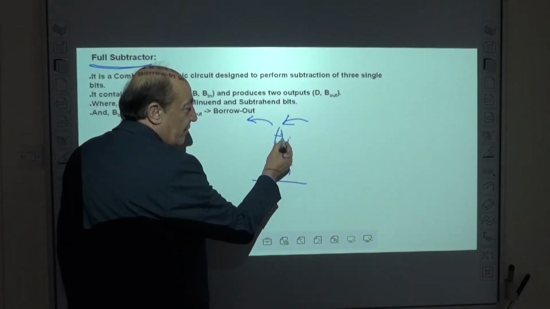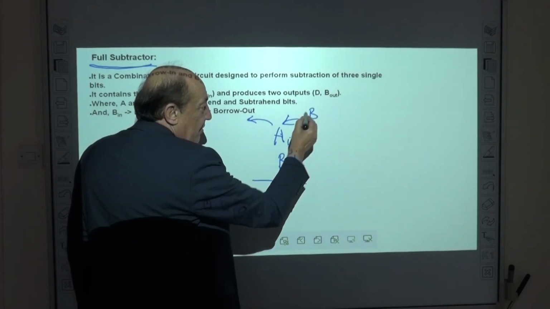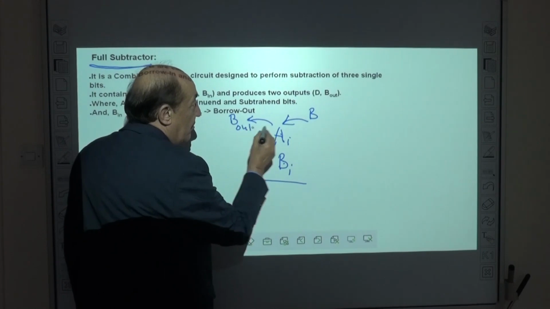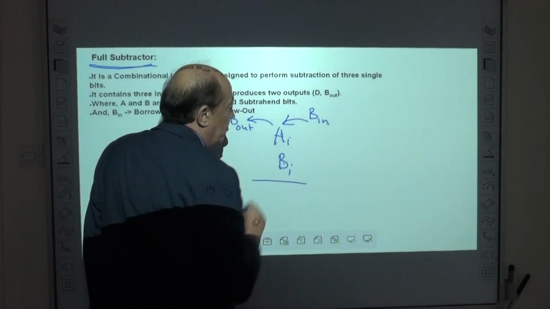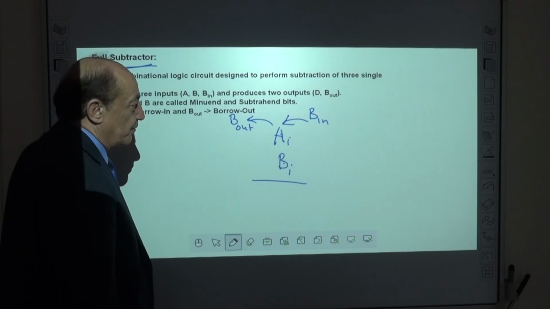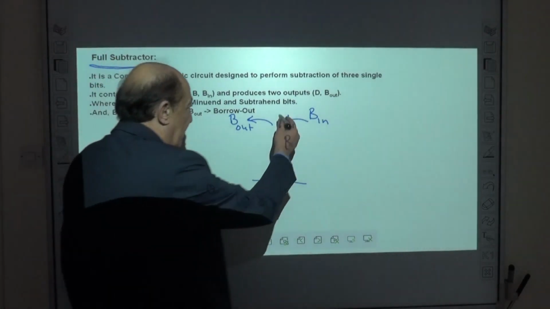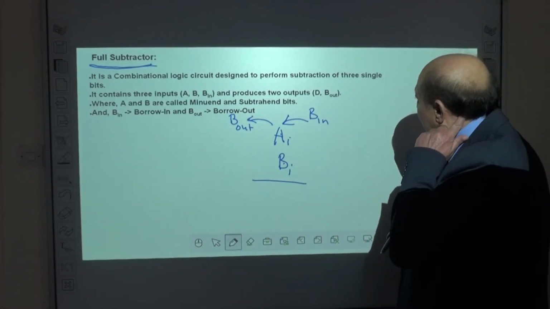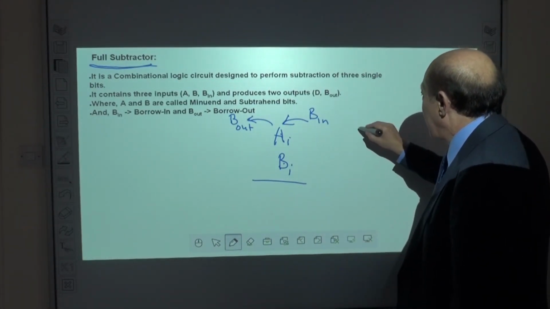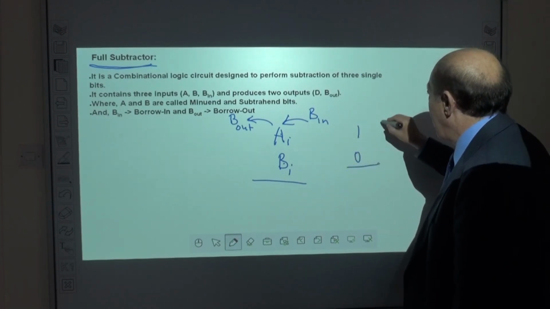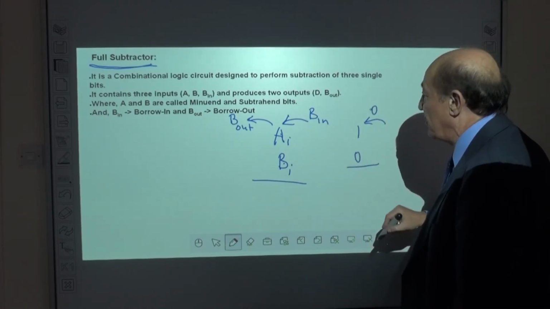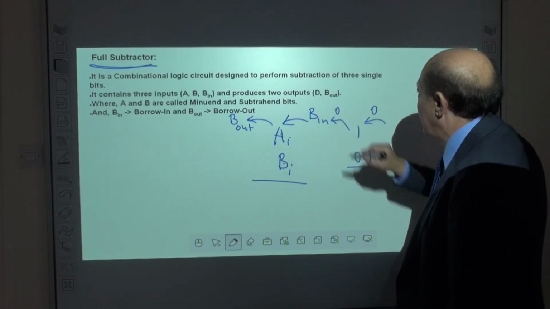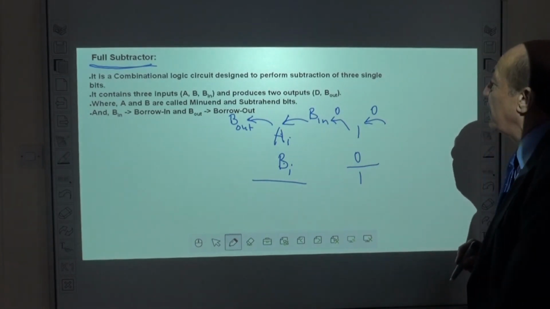So if we subtract here, borrow out, borrow in. Using this, you can derive and understand the truth table. For example, if we have 1, 0, and there was no borrow from this stage, then 1 minus 0 is 1, and there is no need to borrow from the next stage.